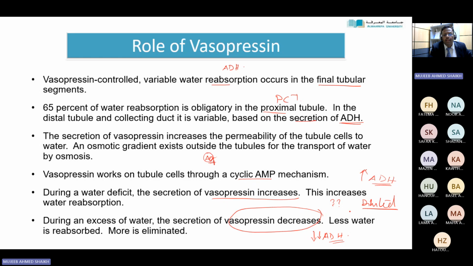Diluted means osmolarity is how much? Is it 300, or 600, or 1200, or is it 100? What is the answer?